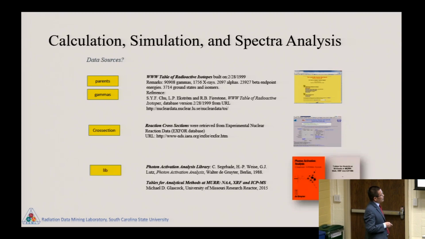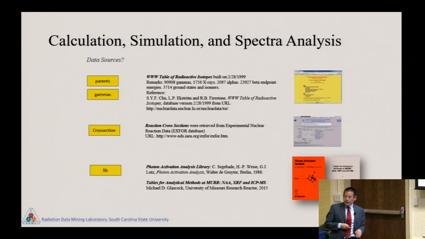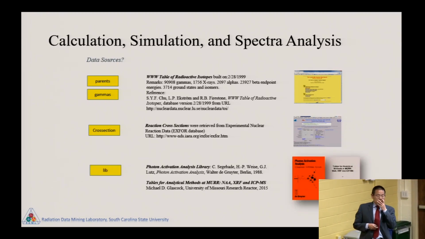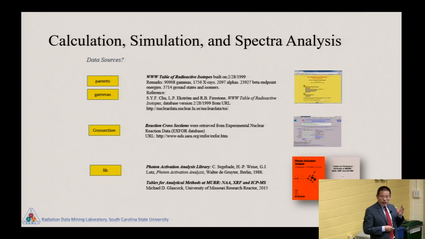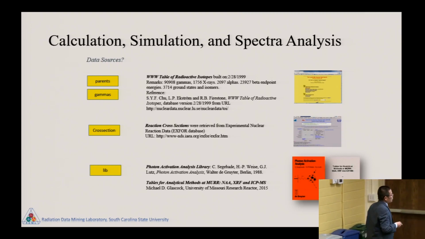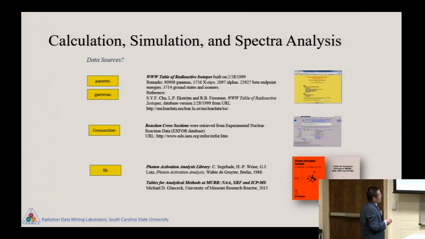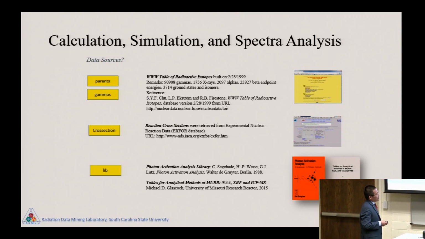We retrieved the data from that. The library, which tells you what kind of reaction will happen with the gamma beam or neutron beam, comes from these two books, the Photon Activation Analysis Library, this book and this book.